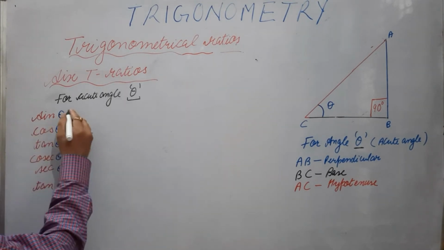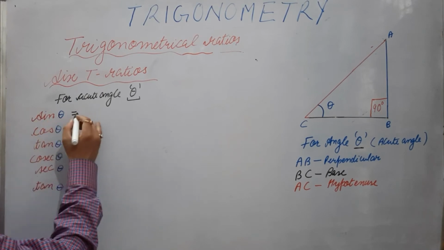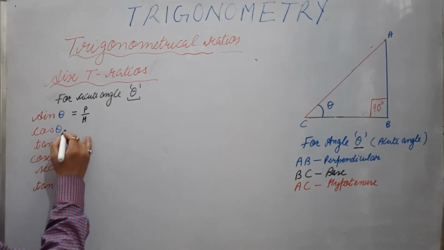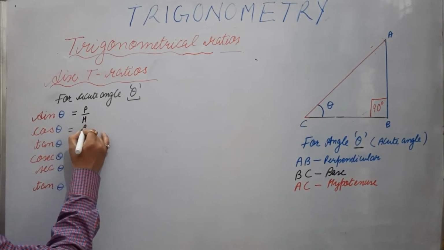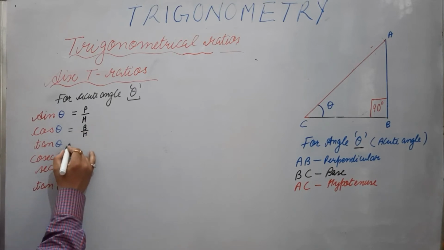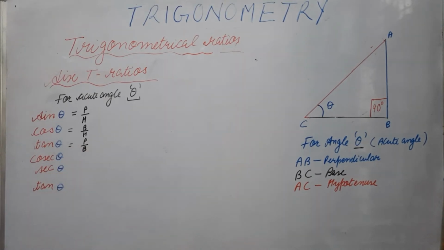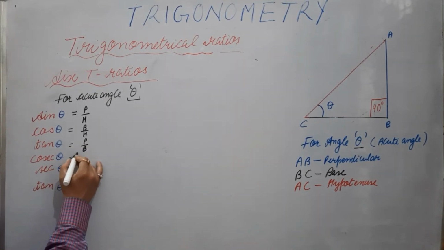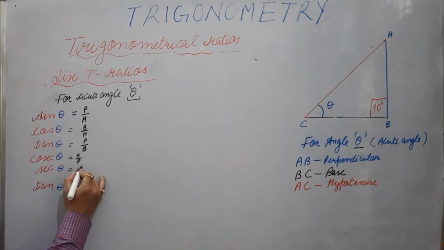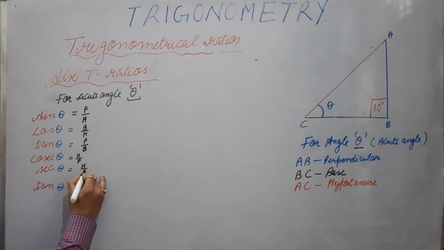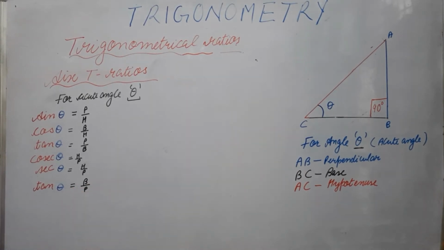So in short, sine theta is perpendicular upon hypotenuse. This is base upon hypotenuse. This is perpendicular upon base. This is hypotenuse upon perpendicular. This is hypotenuse upon base, and this is base upon perpendicular.